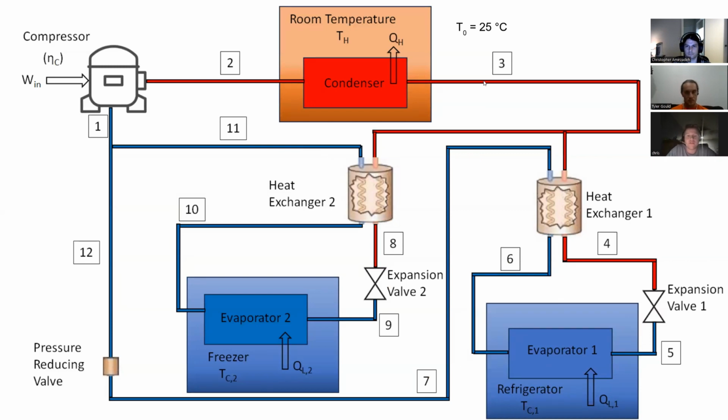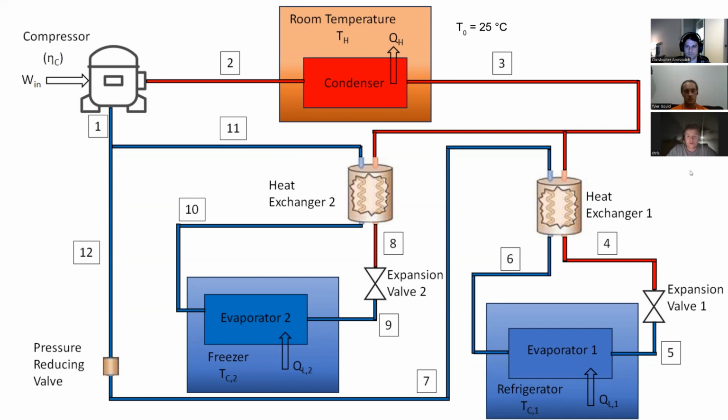The refrigerant that enters the freezer evaporator is going to operate at 100 kilopascals, whereas the refrigerant that enters the refrigerator evaporator is going to be operating at 250 kilopascals. Now, the refrigerant will be exiting both evaporators as a saturated vapor. And then, as mentioned beforehand, sent through those heat exchangers.